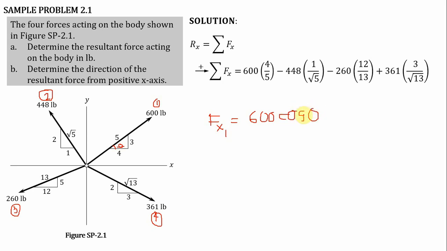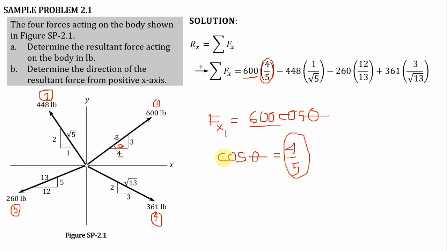Okay, di ba yun? And then if we isolate this triangle, this is 3, 4, and 5. So, by cosine theta, that is equal to 4 divided by 5. So that's why this is 600 and then cosine theta, that is equivalent to 4 over 5.